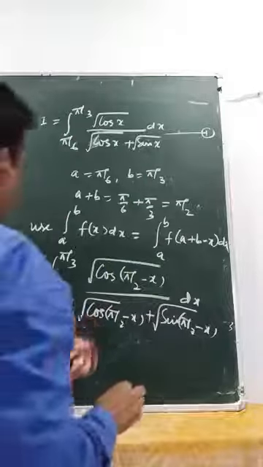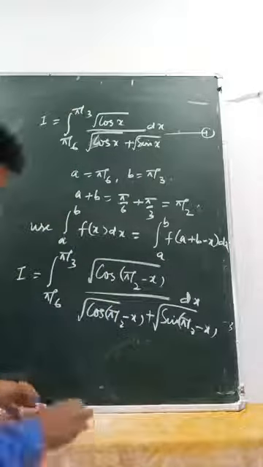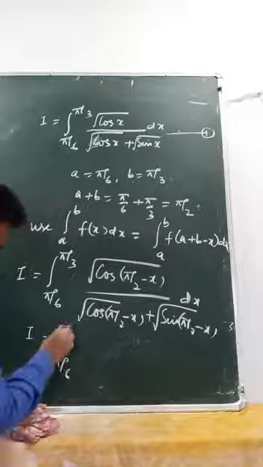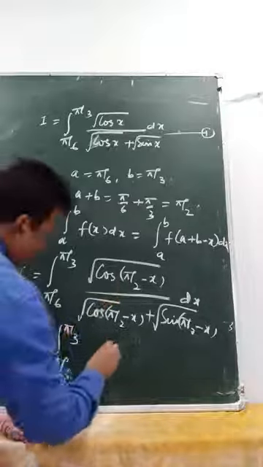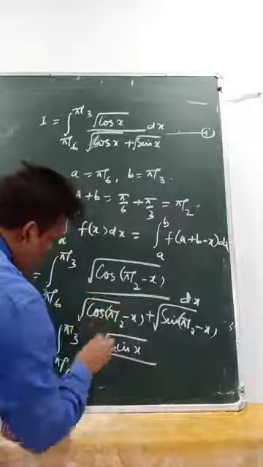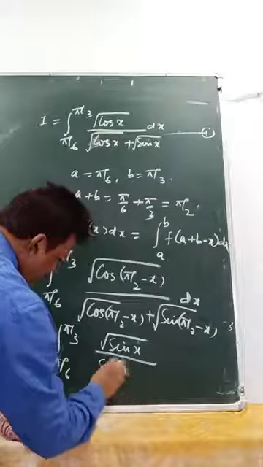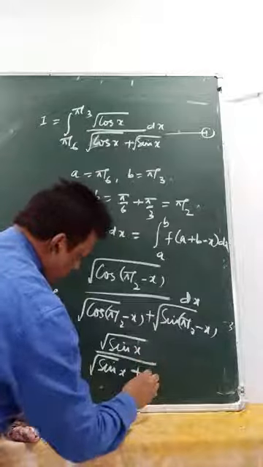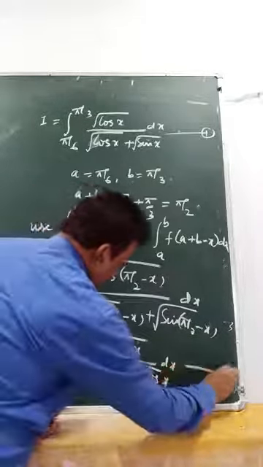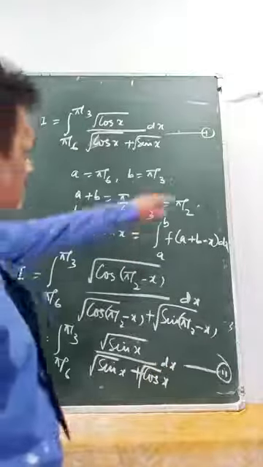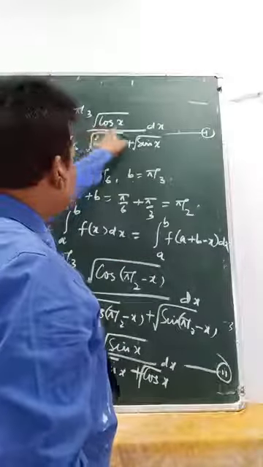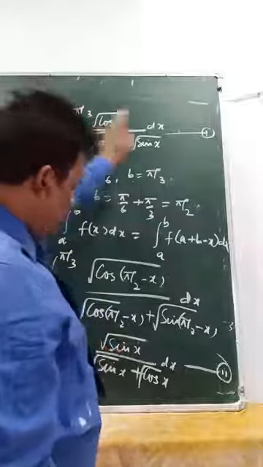So if I simplify, let me write down here because we need this line. I equals integral from pi/6 to pi/3 of root sin x by root sin x plus root cos x. Equation number 2. Now look, denominator is same. When adding 1 and 2, you will get numerator and numerator addition.